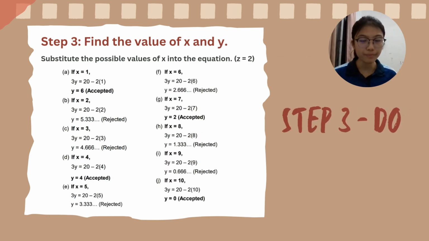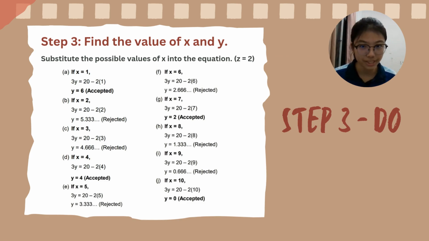Now we go back to when the value of z is equal to 2. Here, we also need to do trial and error. When x equals 1, y equals 6. When x equals 2, y is not an integer. When x equals 3, y is not an integer. When x equals 4, y equals 4. When x equals 5 or 6, y is not an integer.